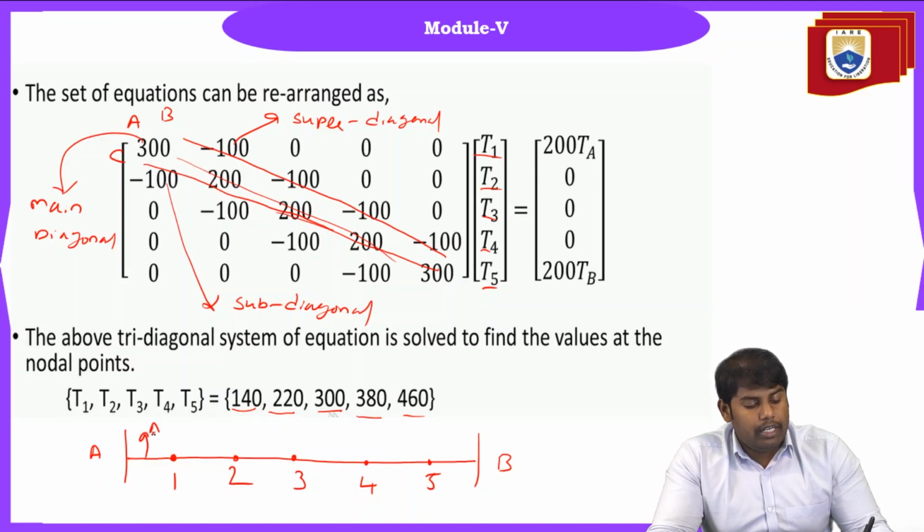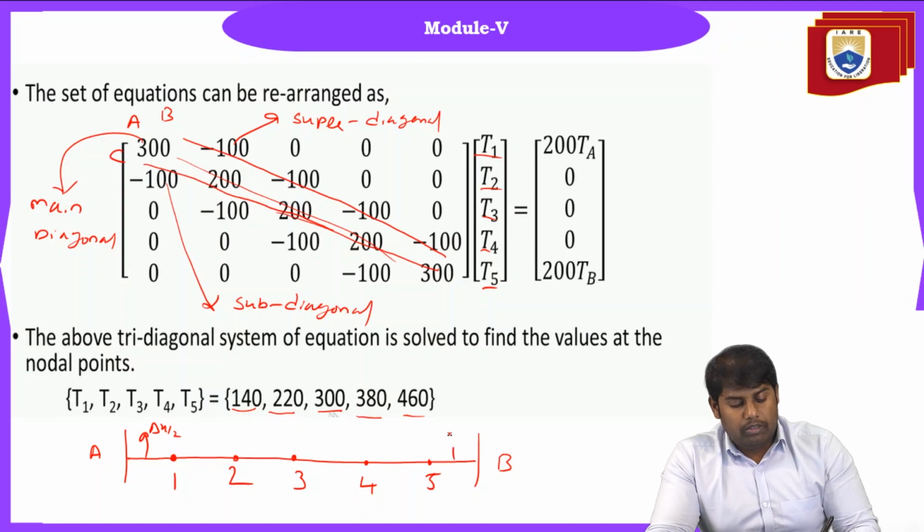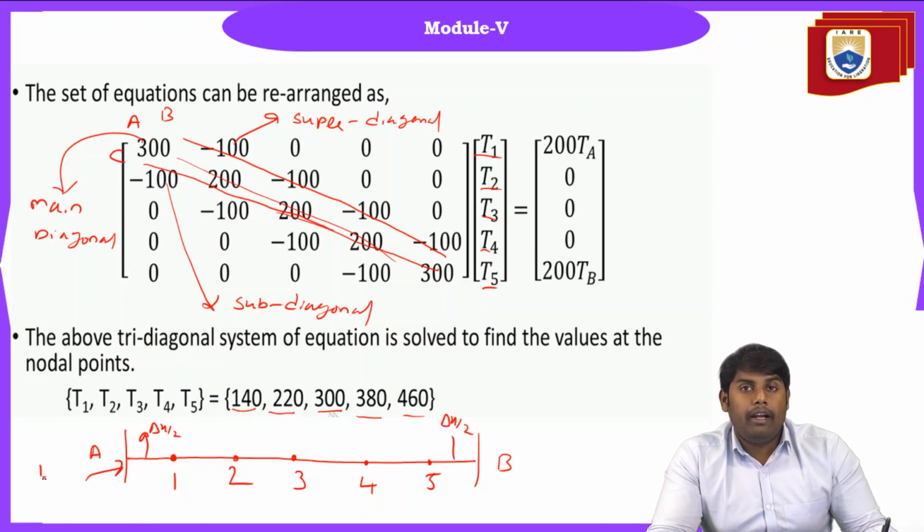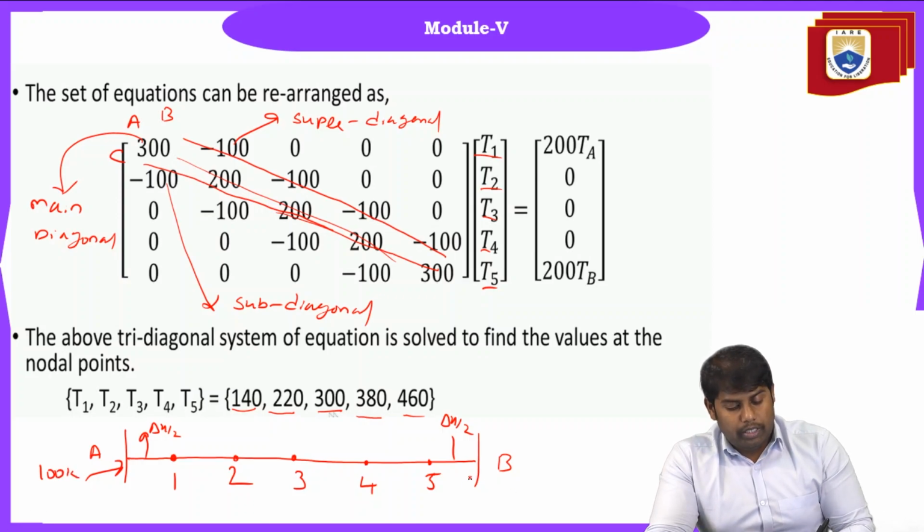So this distance is delta x by 2, and this distance is delta x by 2. So here we are applying 100 Kelvin, and here we are applying 400 Kelvin.